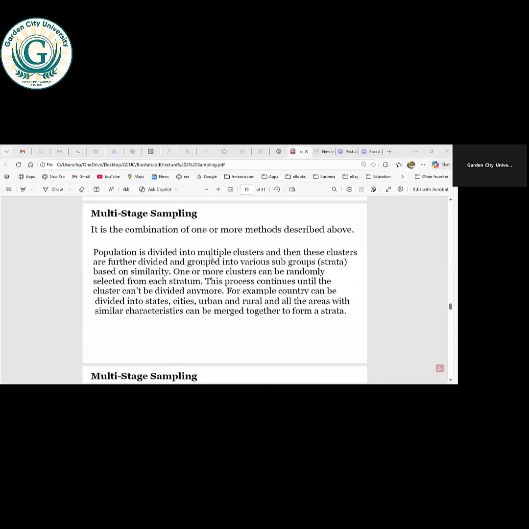Okay, so now let's go by, the next method is very simple. And I think this is what one of you were trying to cite some example. Okay, so multi-stage sampling. Whenever you use more than one of these techniques, then you are applying what we call the multi-stage sampling technique.